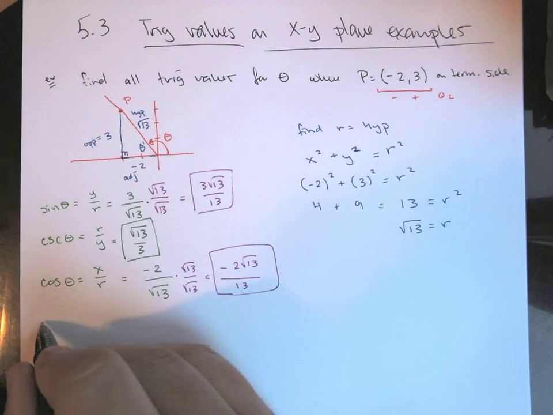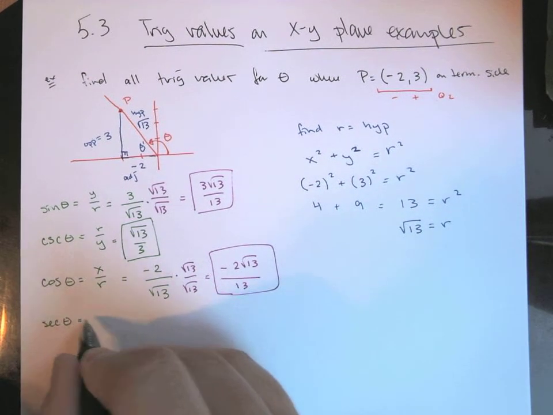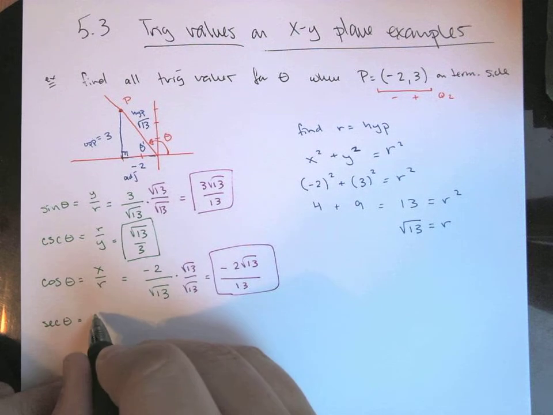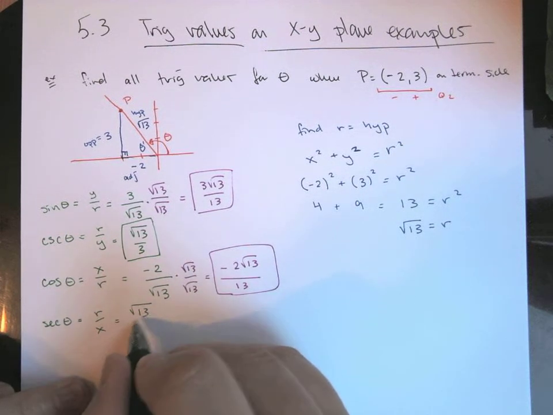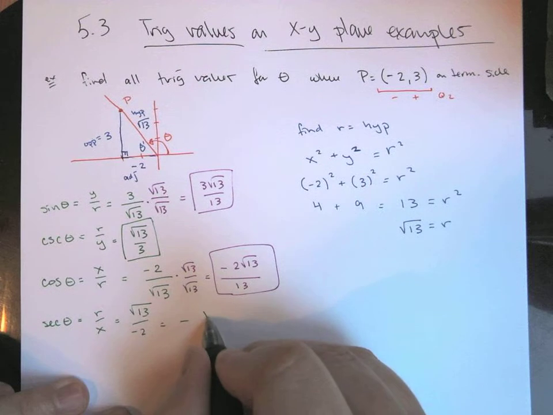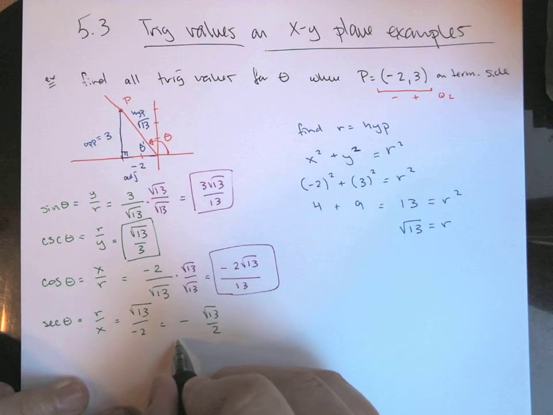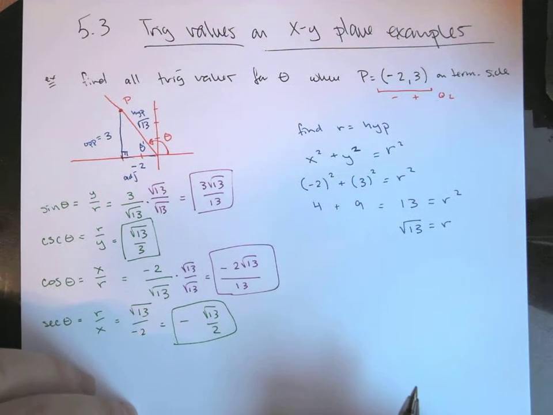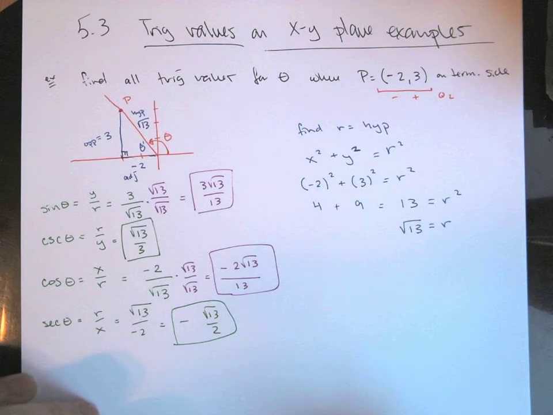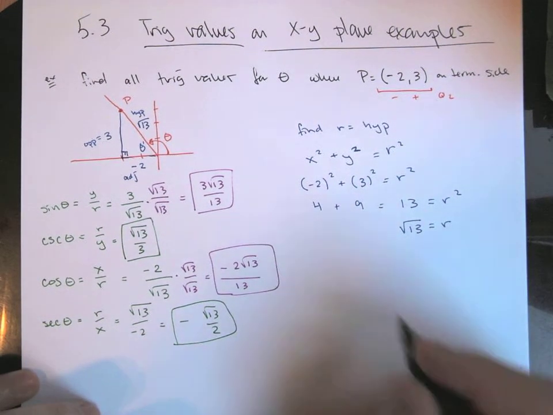If cosine is negative, then secant, if we flip it, is also going to be negative. So we flip this original version, r over x, and get root 13 over -2. We'll call that negative root 13 over 2. The negative is coming from the denominator value, but the whole thing is negative. It doesn't make a big difference.